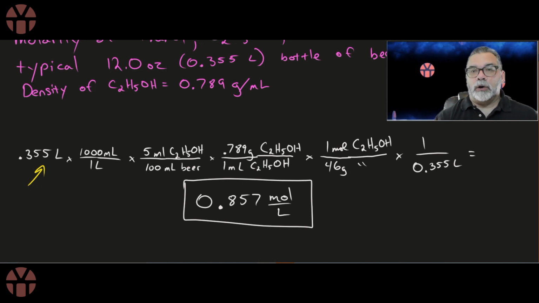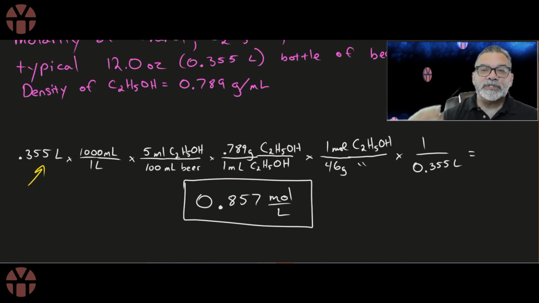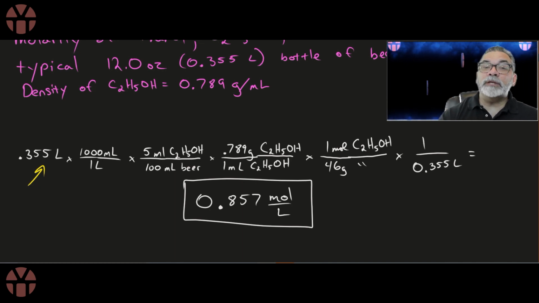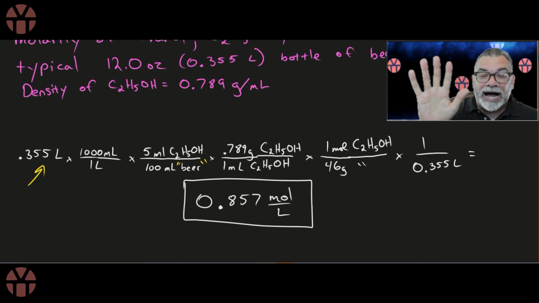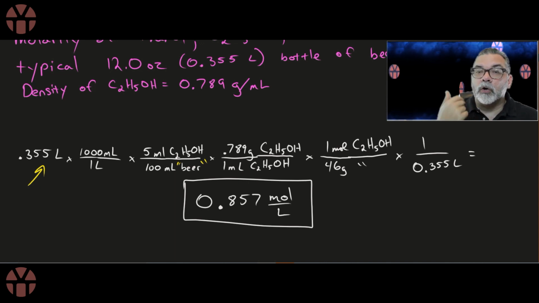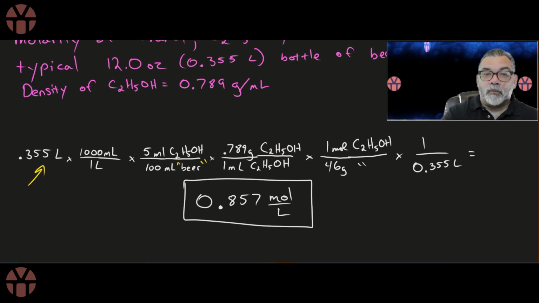here's what I know. When my percent by volume is 5%, again, let's think this through. Percent of 100. That means for every 100 milliliters of quote-unquote beer, only 5 milliliters are going to be ethanol. So you see this 5 over 100?